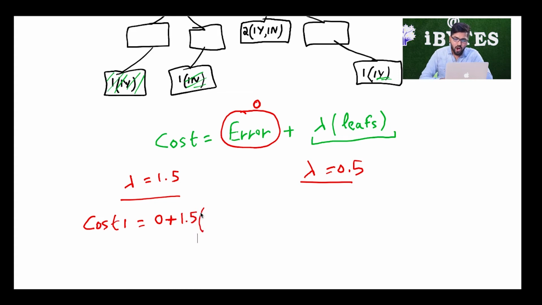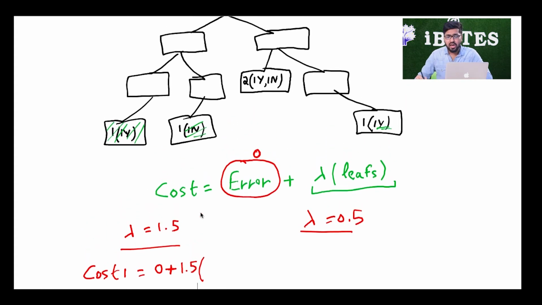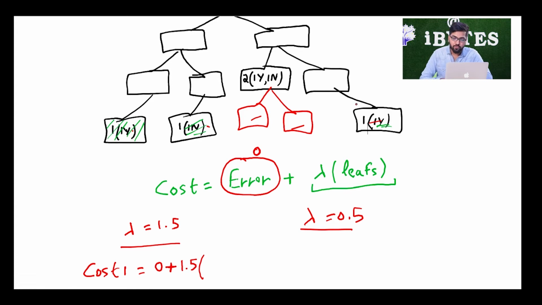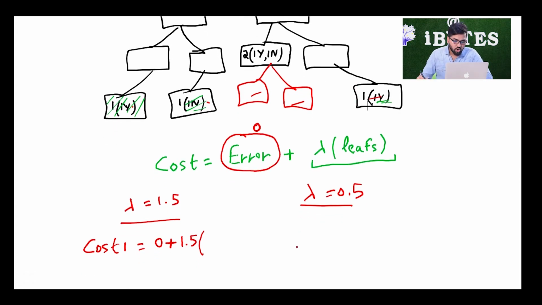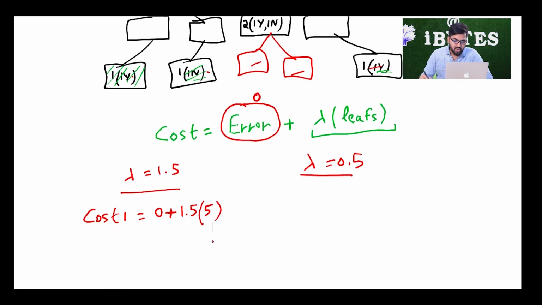How many leaves were there before I cut the tree? I had 5 of them, that is 1, 2, 3, 4 and 5. So I had 5 leaves before pruning. So cost 1 is equal to 0 plus 1.5 into 5, which is equal to 7.5.